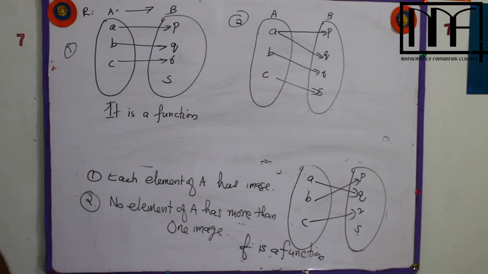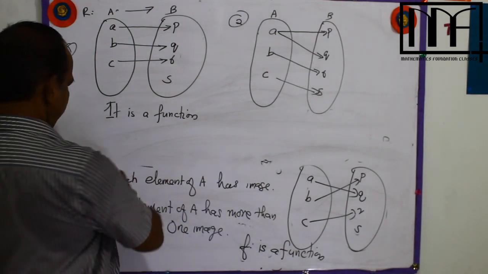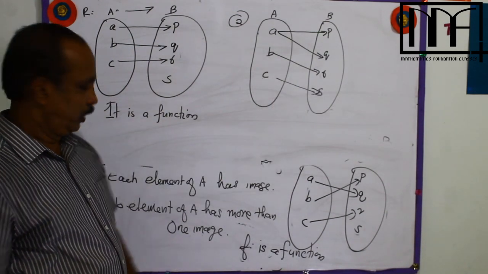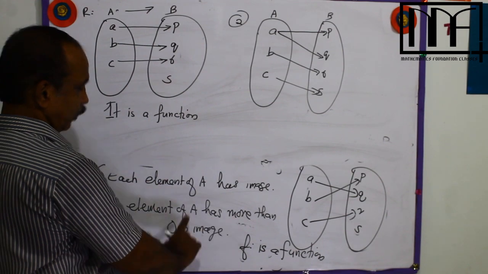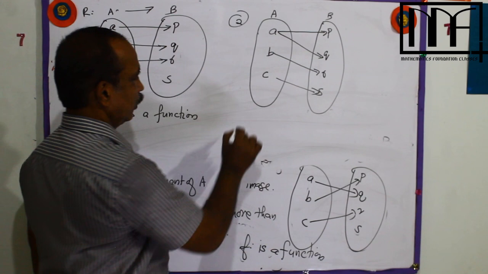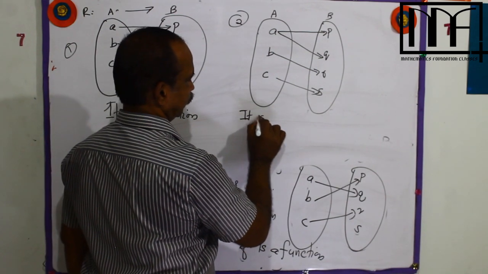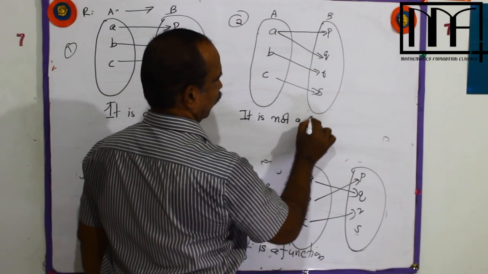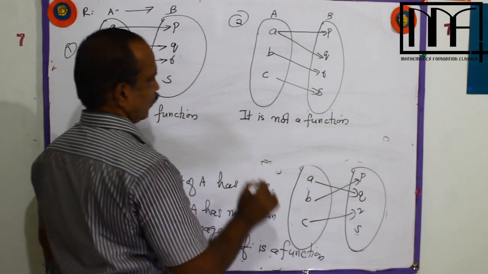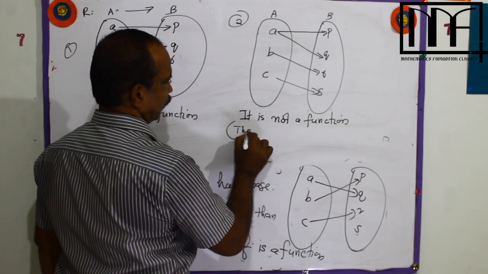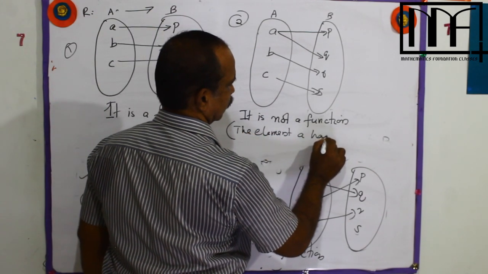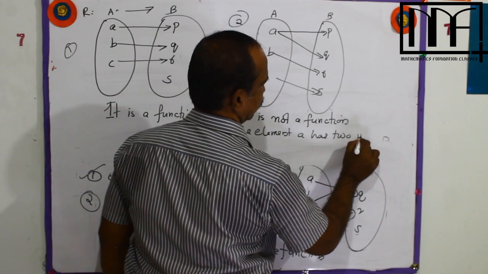The first condition is correct: each element of A has an image. But no element of A should have more than one image, and here the element A has two images. Therefore it is not a function, because the element A has two images in B.